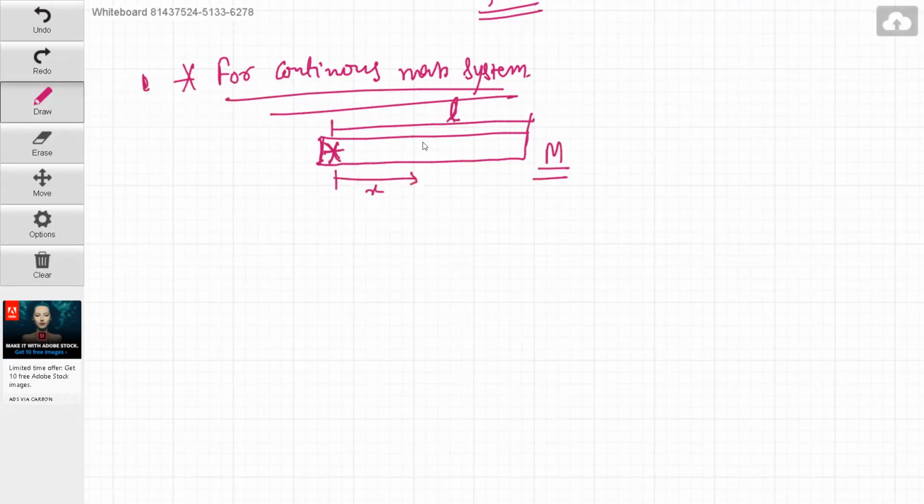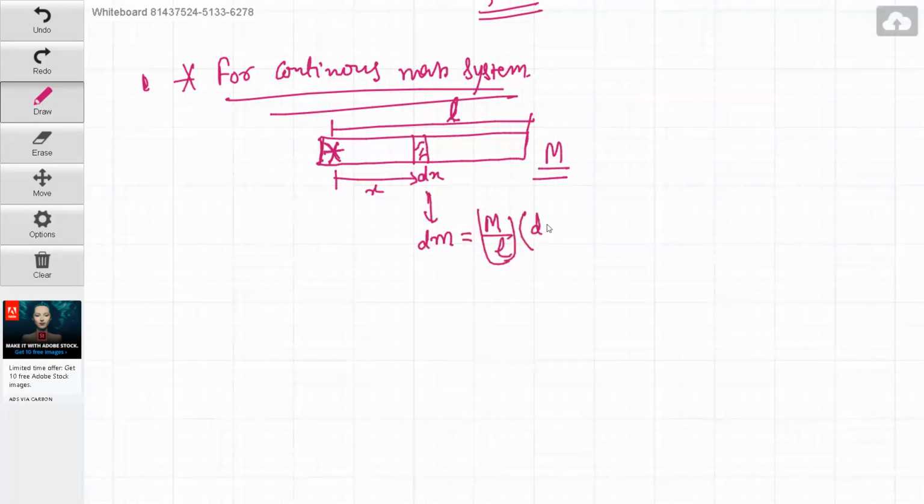So at x distance, we will take a small thickness of dx, isn't it? What is the mass of this dx thickness? That is dm. dm will be equal to mass per unit length into the length of the thickness dx, isn't it? So the moment of inertia of a continuous mass system is dm into x square.